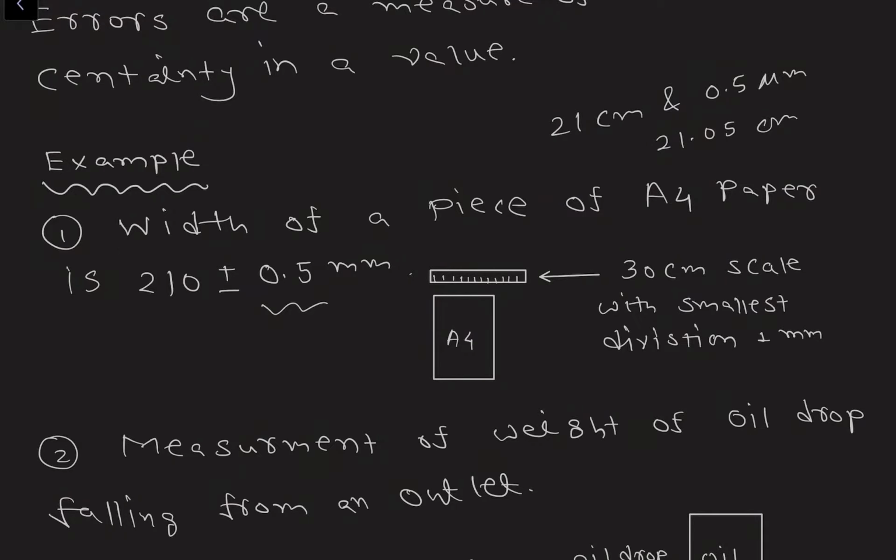So while we are measuring the width of A4 paper with an ordinary centimeter scale, I am writing here the error as plus or minus 0.5 millimeter. This is the uncertainty in our measurement. Actually, the scale we are using has a smallest division of 1 millimeter, and here as the uncertainty we are taking half of the smallest division.